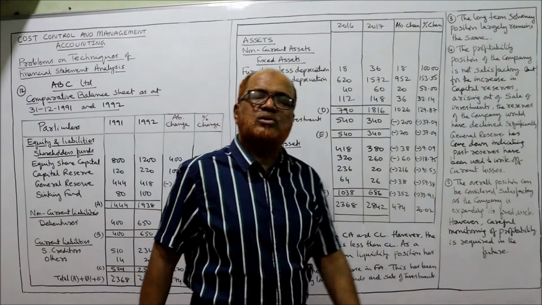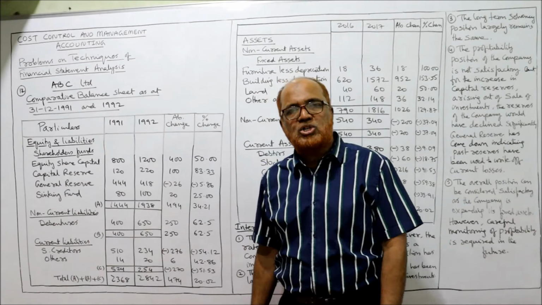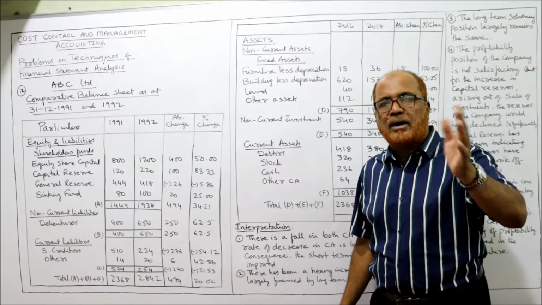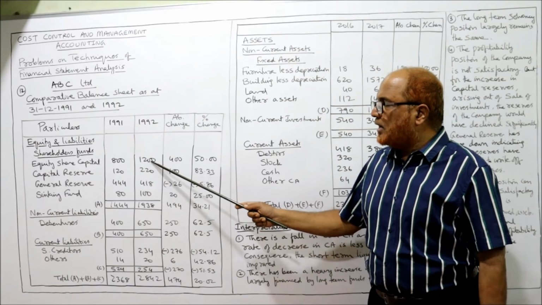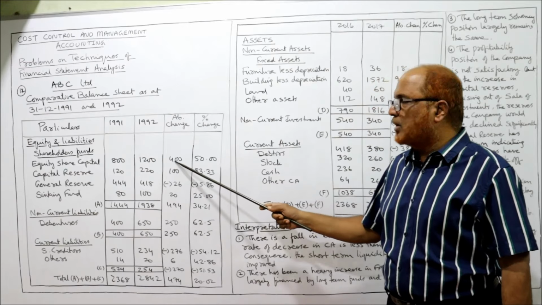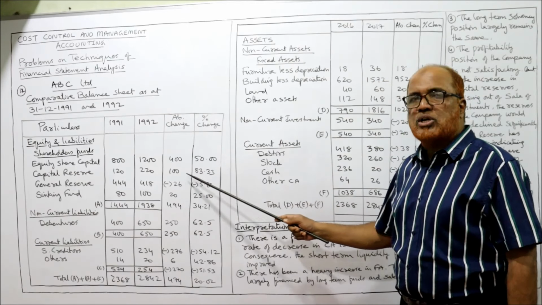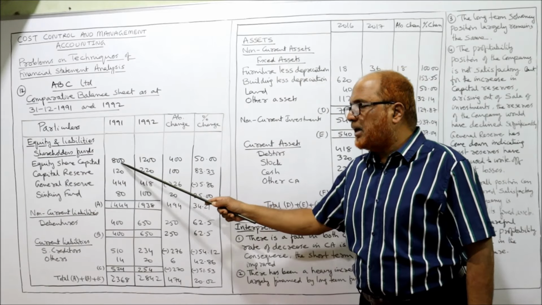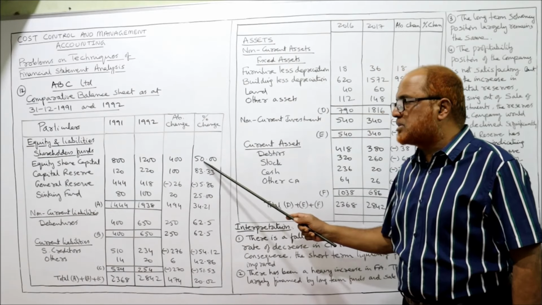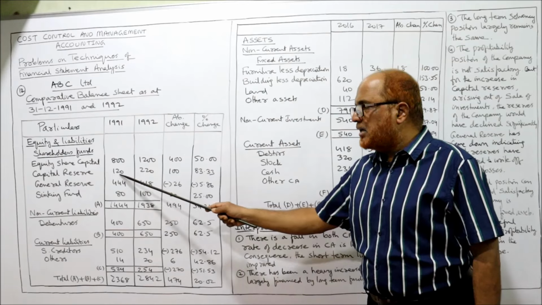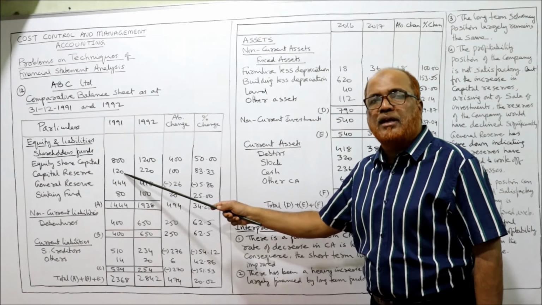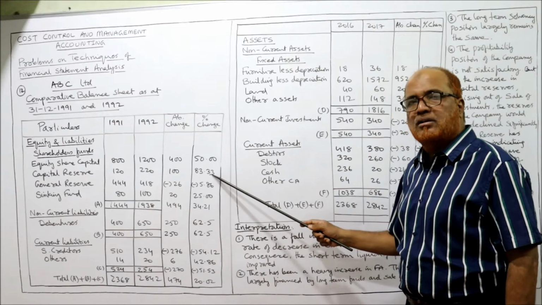After taking all these values, now we have to find out the absolute change and percentage change. Absolute change is current year value minus last year value: 1200 minus 800 is 400. Percentage change is absolute change divided by last year value into 100: 400 divided by 800 into 100, 50%. Then 220 minus 120 is 100; 100 divided by 120 into 100 is 83.33.